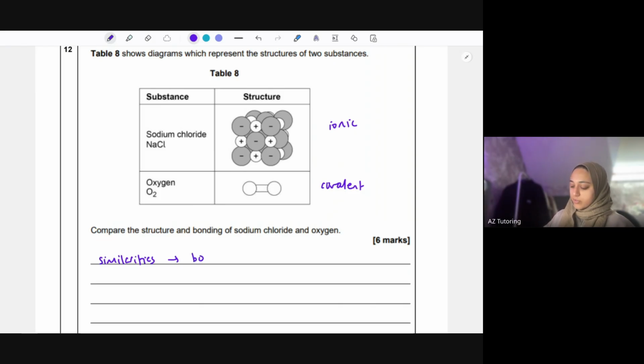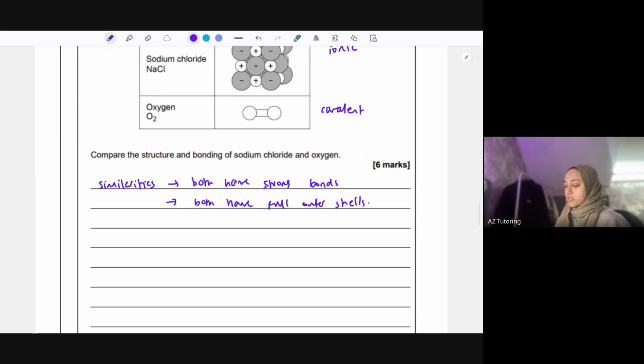So similarities: both have strong bonds. Even though they're different bonds, they're still strong. Ionic bonds are strong. Covalent bonds are also strong. And they also both have full outer shells. That's the reason why they've bonded together in this manner, so they get the full outer shells. That's what it's trying to achieve. Okay, so they're the only similarities.